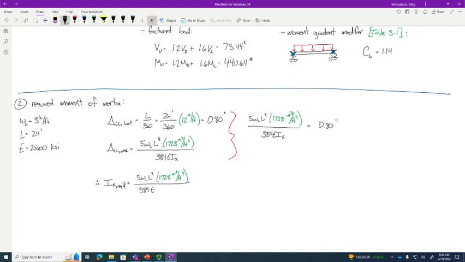We'll call this the live load deflection limit.